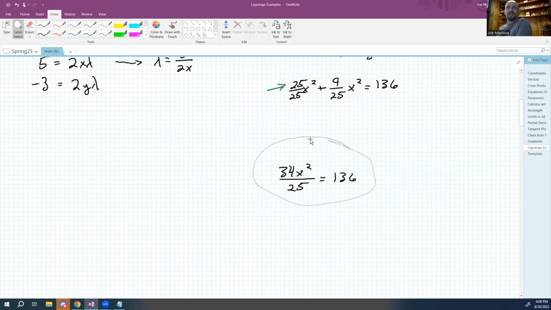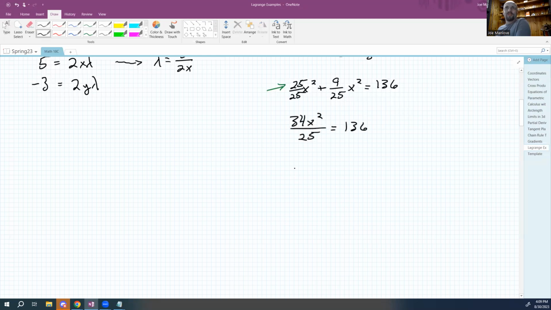Apparently, I didn't mean that the arithmetic was going to be simple, huh? Okay, so that means x squared is 136 times 25 over 34. Let's see, I guess I can cancel a 2 for sure. I don't think this is going to work out that nicely.